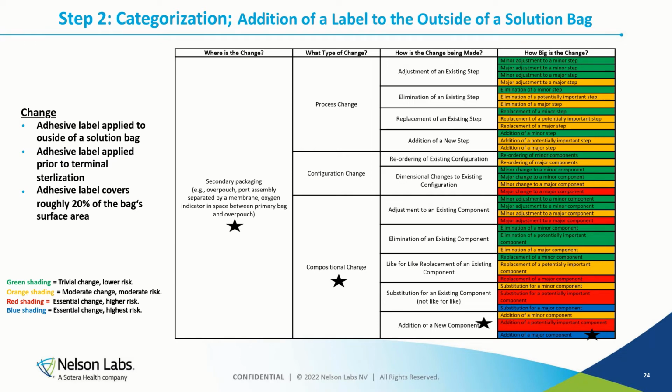More likely than not, the plastic container closure system is somewhat permeable, so it's a major. So it's the addition of a major component, and so where we end up when we go through this process is categorizing the change as an essential change, a high risk essential change.